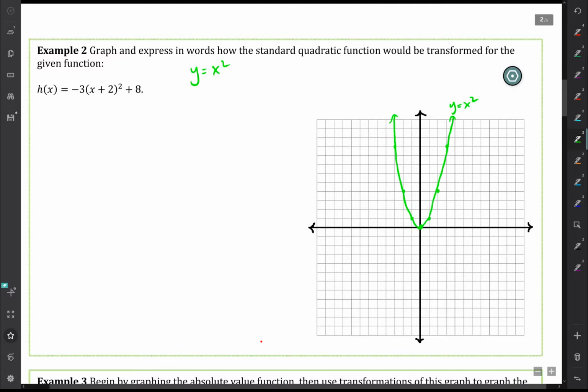And now we need to reflect across the x-axis because of the negative sign up front. We need to stretch vertically by a factor of 3.